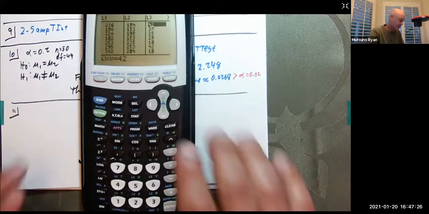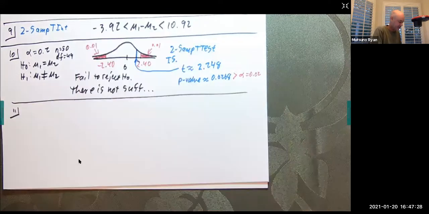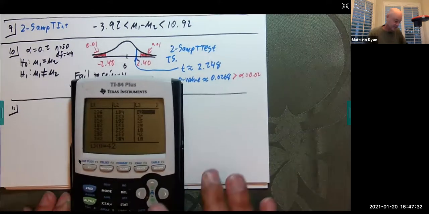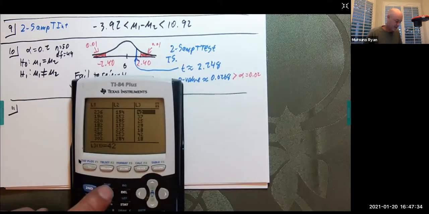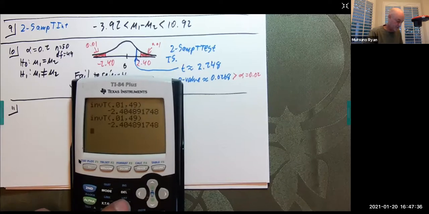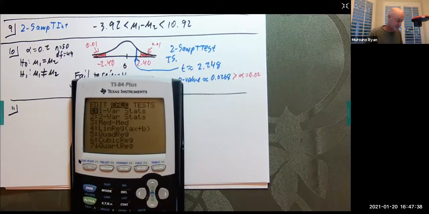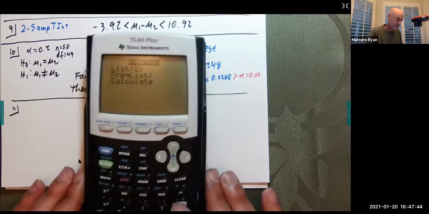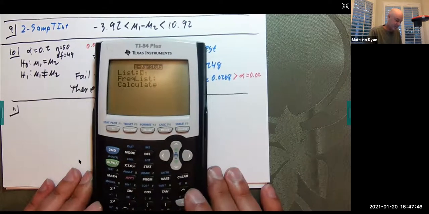Now, what makes it very nice is we now have our differences, a list of differences, which is in list 3. And now I can just run a 1-Var Stat on list 3, and there's no frequency list in this case. Now, list 3 is above the number 3.